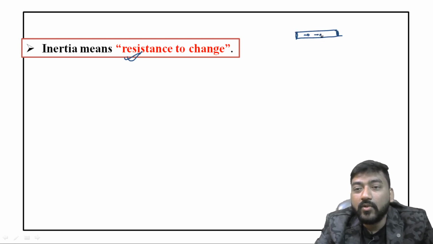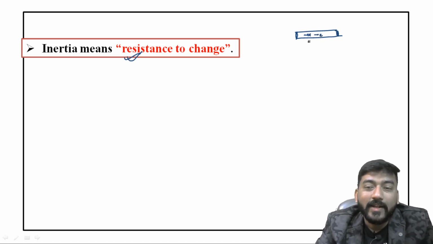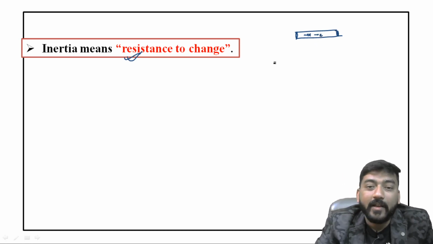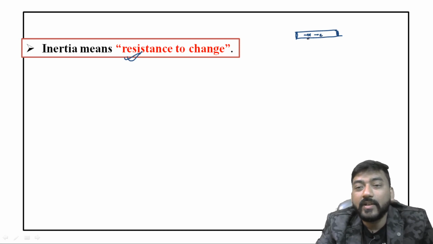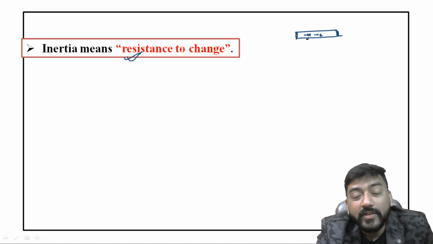These electrons face an opposing force due to collisions with the crystal, and due to this opposing force there is a property of the conductor called resistance. So resistance means something opposing. Inertia also means resistance to change, and here this resistance is due to the object's mass.